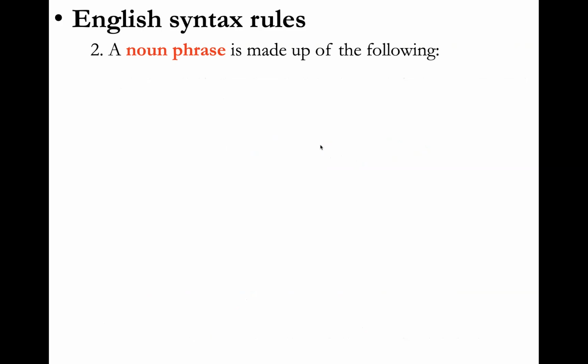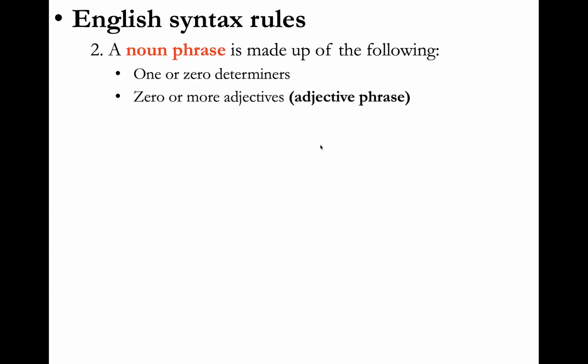All right. So then we're going to break that down. A noun phrase is then made up of one or zero determiners, so words like "the", zero or more adjectives or adjective phrases, one or more nouns, which could be implied pronouns, especially when you're talking about commands, right?